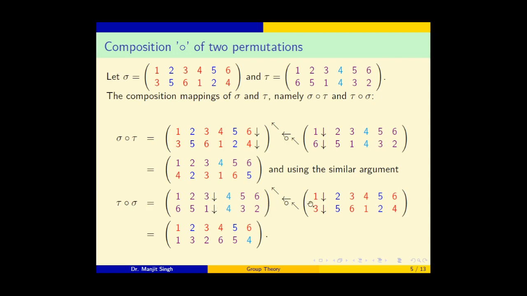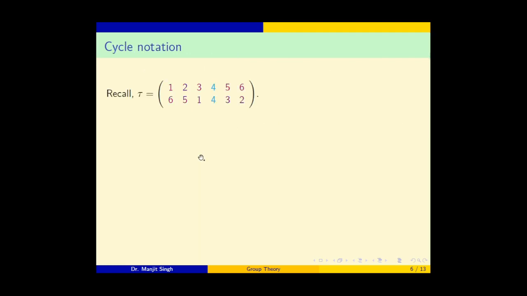So finally 1 has image 1. Now 2 has image 5, and following this, 5 has image 3. So 2 has image 3 here. So in this way we can determine the composition of two permutations.